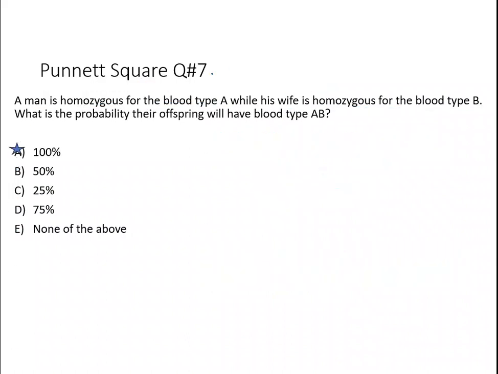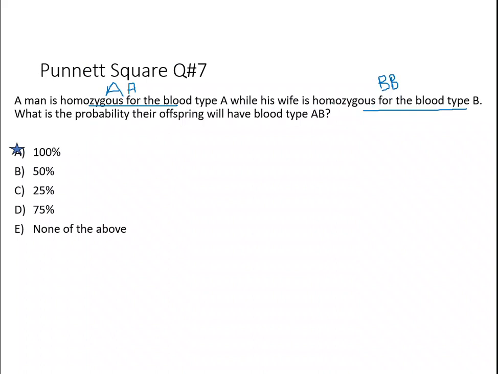So here's another one right here. The man is homozygous for the blood type A. The wife is also homozygous for the blood type B. So again, write down the genotype. So here it's going to be AA, and here it's going to be BB.